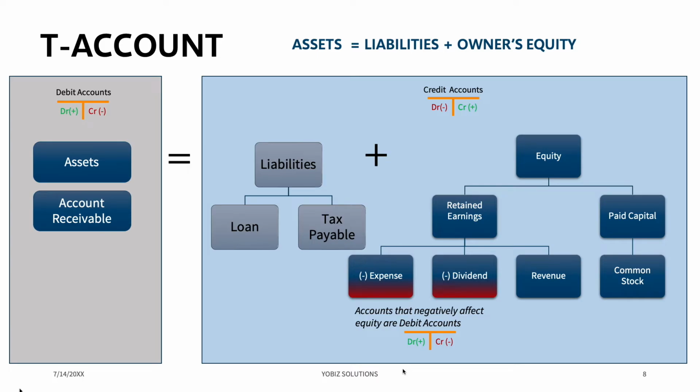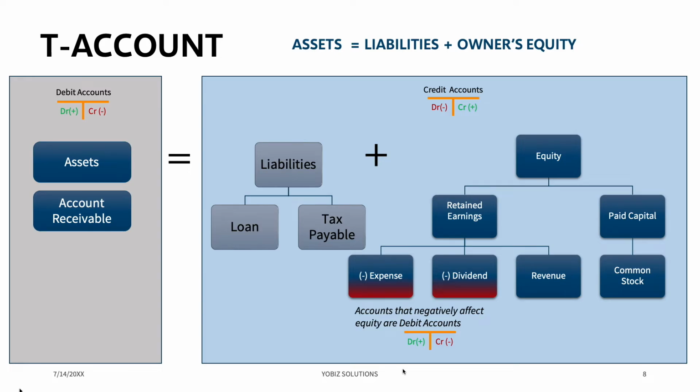The other accounts under this equity family tree, where the account negatively affects the equity, will be debit accounts. For example, the more expenses the company has, the less the equity will be, so it negatively affects the equity. Any dividend, if the founders take money out as a dividend, reduces the equity.